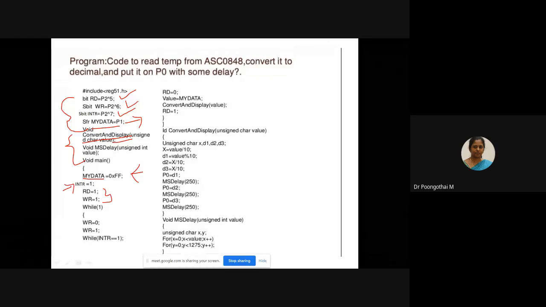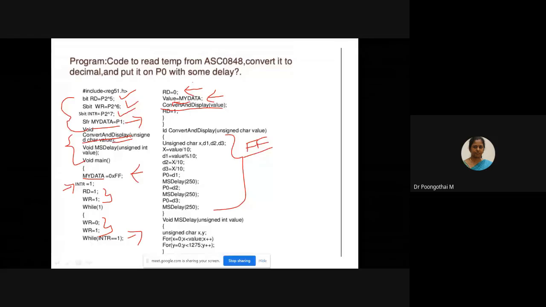Next, initiate start of conversion and monitor end of conversion. When end of conversion is high, activate your output enable, so read bar is equal to 0, and move that data to value. It's a variable. Convert that value and display it using this function. You have already gone through the calculations.